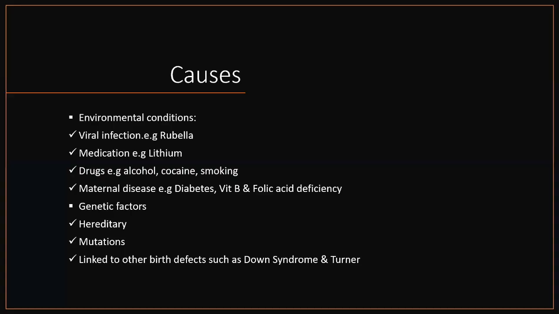And then in terms of medication, if the mom is on any mood stabilizers like lithium, this can predispose the kid to have these congenital conditions. And then drugs such as alcohol and cocaine can also cause these, and maternal diabetes, and also patients with folic acid and vitamin B deficiencies are at a high risk of having kids that develop this condition.